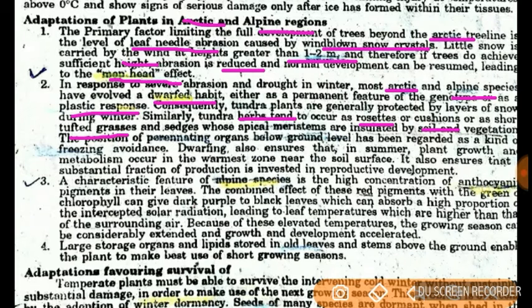Okay, and what can be the next adaptation, that is the apical meristem and the perennating organs, they are going to be below the ground. Okay, मतलब ज़मीन के अंदर चले जाते हैं और इसको हम लोग बोलते हैं freezing avoidance.